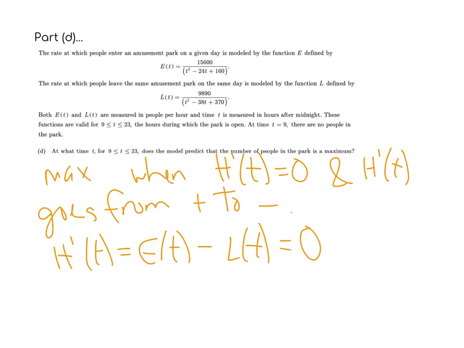I'm going to play with my window a little bit, so I want to go 0 to 24, and then my y value, I'm not quite big enough, so I'm going up to a little over 1,000 probably, and I can figure out that they hit each other at t equals 15.795.